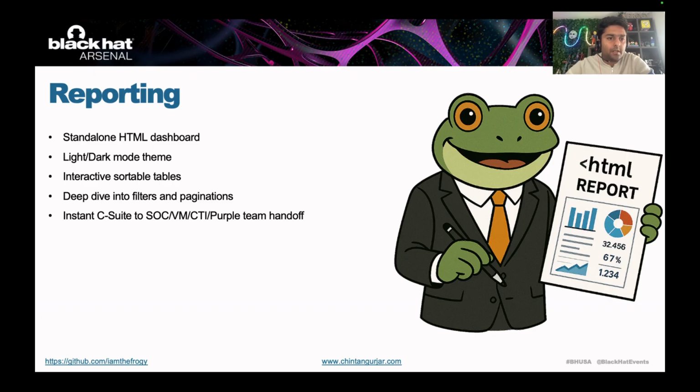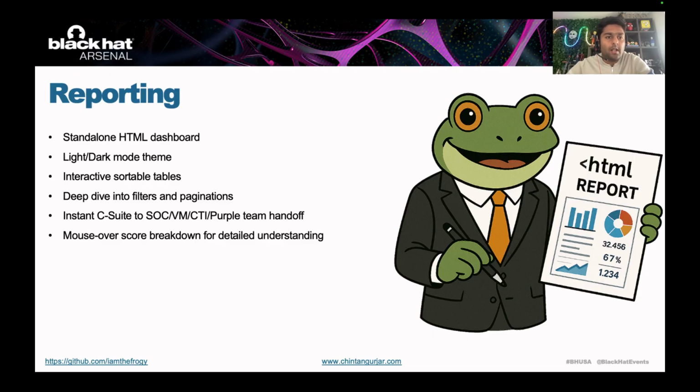The report is crafted in a way that it can help from the C-suite to the SOC, VM, CTI, and purple team handoff. So basically, anyone can use that information, from technical to high-level reporting. There are some graphs and tables and everything. When you see the score, you can mouse over the score, and it will tell you the reasoning behind that scoring.